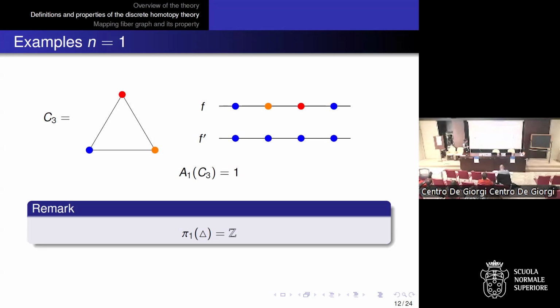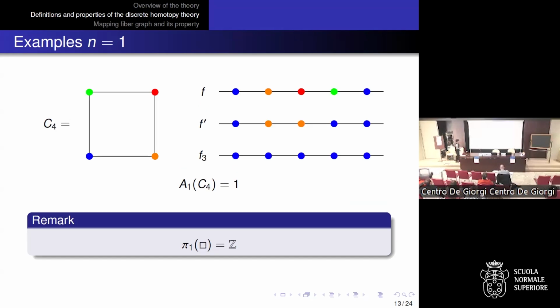So in general, for this graph, let's say the discrete fundamental group vanishes. Of course, if you think of just the geometric one, the fundamental group should be Z. So this is different. But anyway, from a combinatorial point of view, this graph is a contractible space.